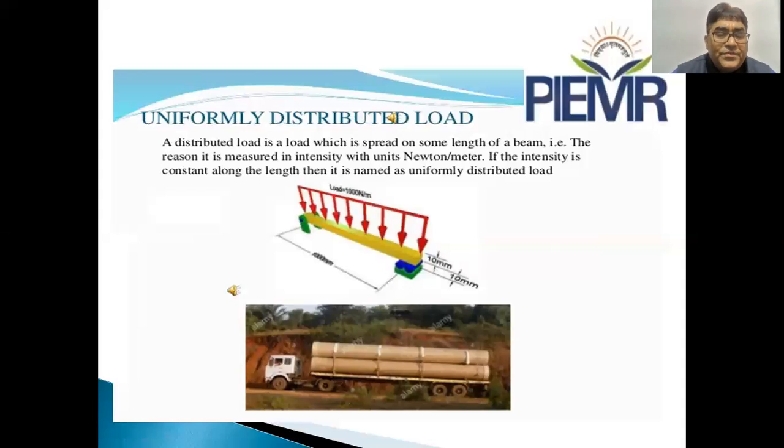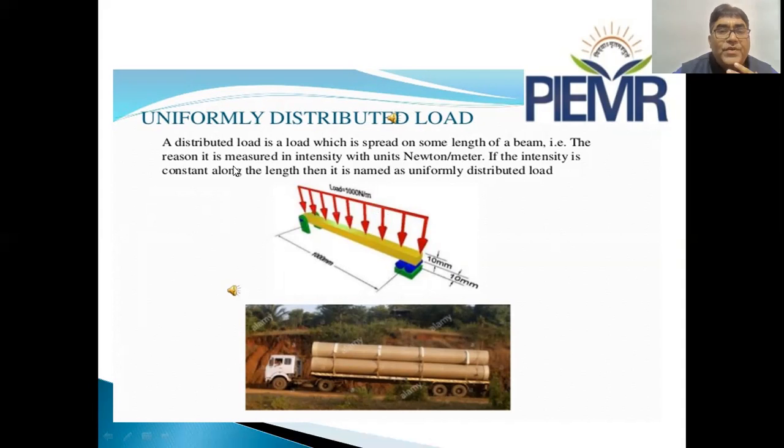Uniformly distributed load: I gave you the example of 1 Newton loads kept one above the other, which is known as a point load. And if 1 Newton loads are placed horizontally from one point to another, then this type of loading is known as uniformly distributed load.